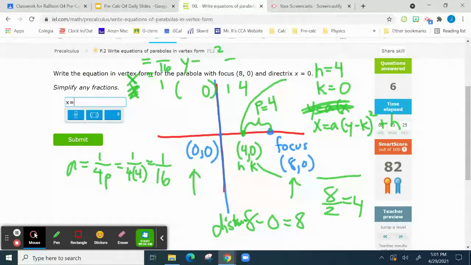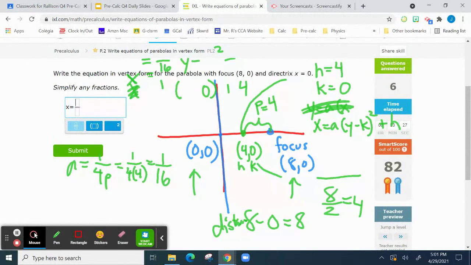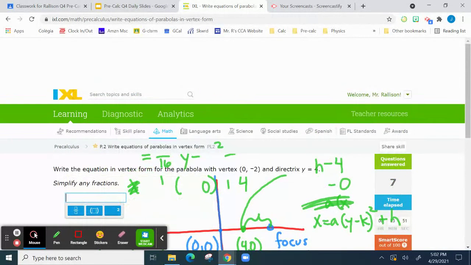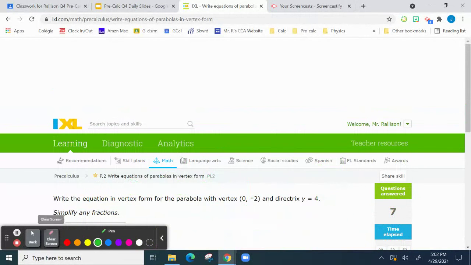So x equals 1 over 16, and then y minus k is 0, so it's just going to be y squared plus h, and h is 4, plus 4.